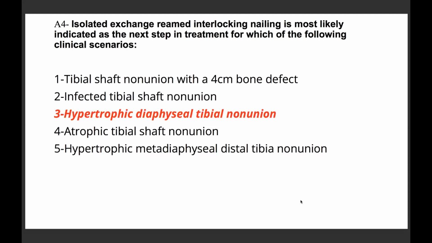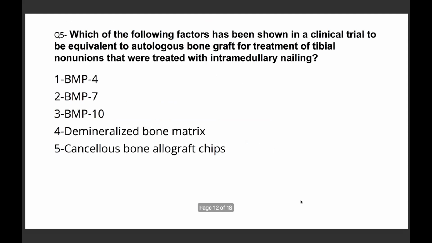Okay. You have more questions, guys? Excellent. Which of the following factors has been shown in a clinical trial to be equivalent to autologous bone graft for treatment of tibial nonunions that were treated with intramedullary nail? The question is not confusing, and even the answers are not confusing. So which of the following factors is equivalent to autologous bone graft?